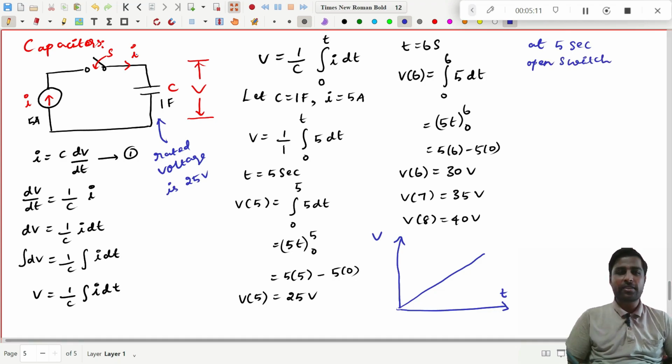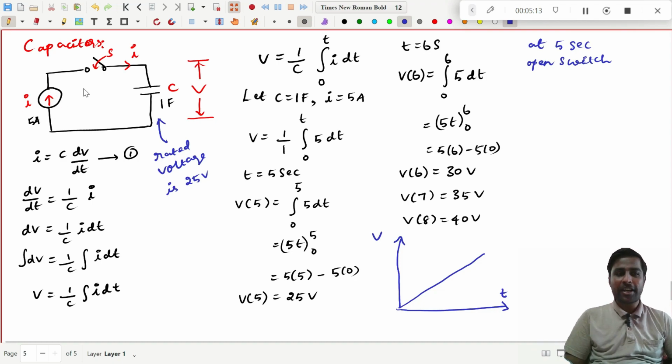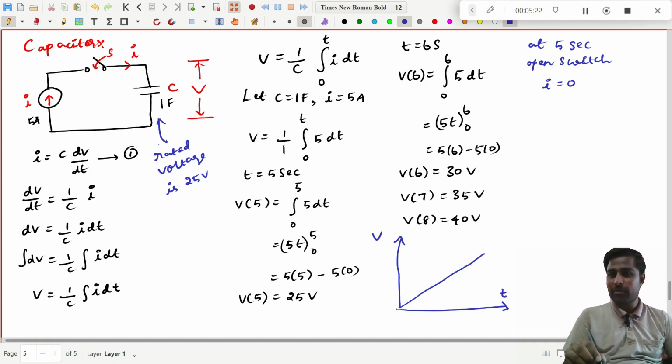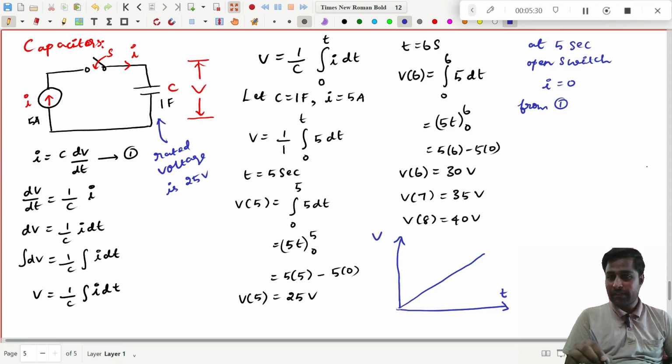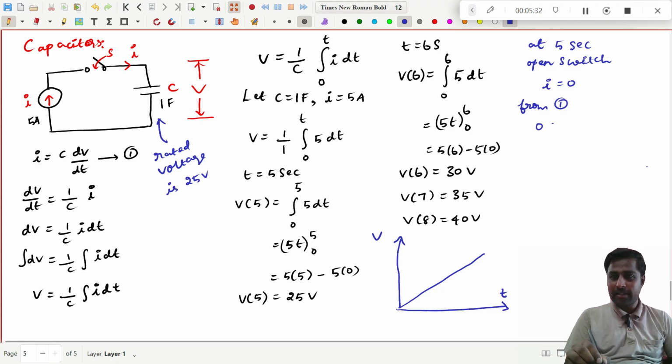If I open this switch, what happens? This current becomes 0, since the current source is open circuited. So I will be equal to 0, right? Now you take expression number 1, from this expression. So what I have done? I have made current 0.